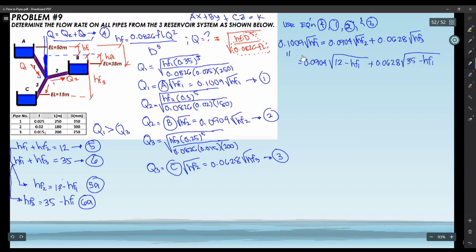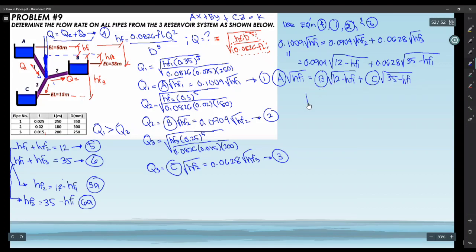Ayan. So pwede na natin siyang i-shift solve, di ba? Saan na ba ginamit ko dito? So ito, gawin ko na lang alpha, yung ginawa natin kanina. Sorry, hindi ko pala na-substitute agad dito. This equals to beta, 12 minus HF1, plus Charlie, and then square root of 35 minus HF1.